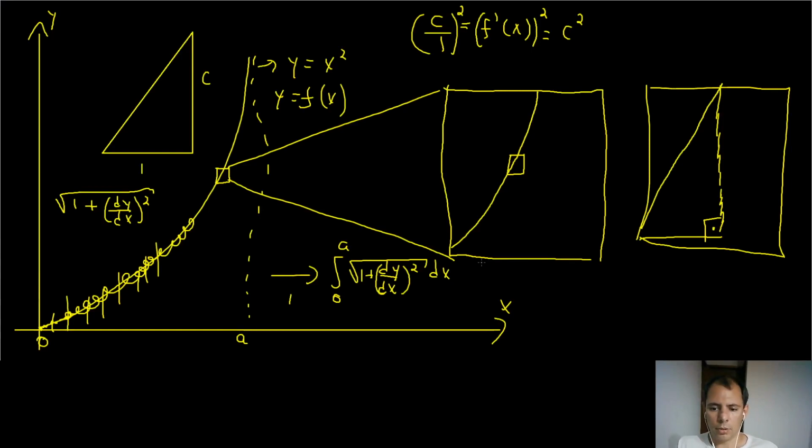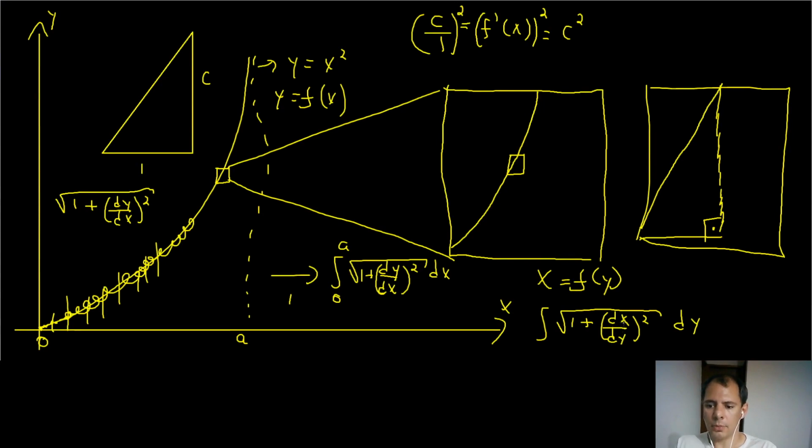That's it. And if you're integrating with respect to y, then analogously, all you gotta do is invert the y with the x, okay? Let's just say that you're doing x equals f of y. Because now x is a function of y, y becomes the independent variable and x becomes the dependent. In this case, all you gotta do is integrate the square root of 1 plus dx dy squared dy.